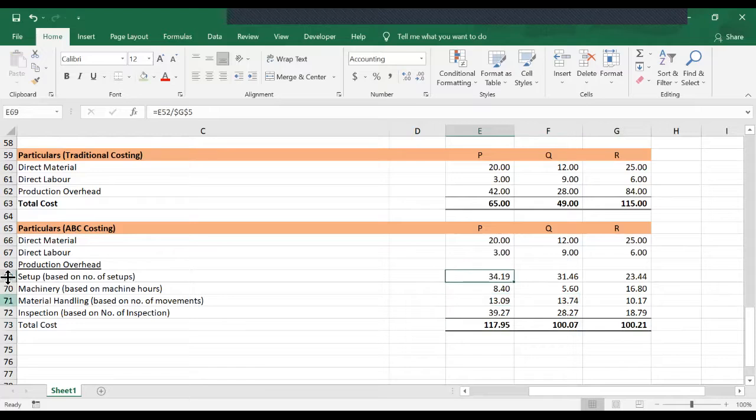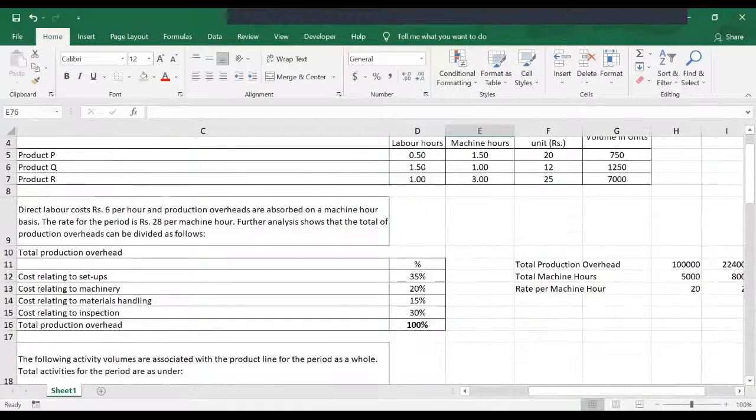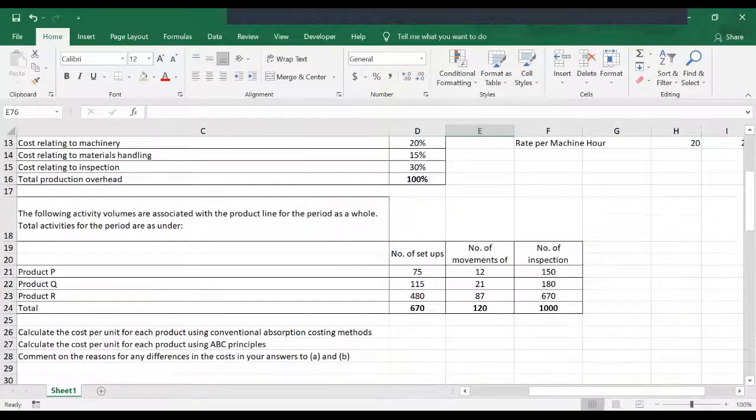You can see there's a significant difference in the production overhead when comparing traditional costing and ABC costing. The direct labor and direct material are the same, so that does not have any impact. But here the production overhead is only 42, and over here the production overhead is 94.95, so that creates a difference as a whole. You can go through the figures and find out why there are changes.